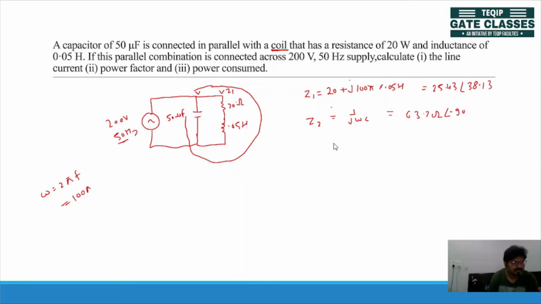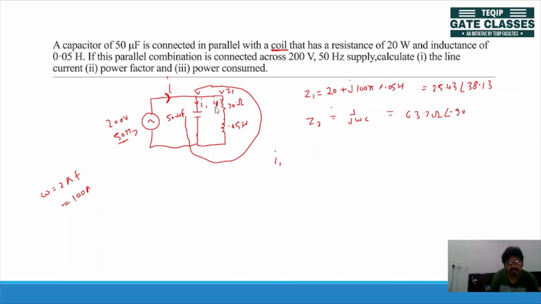Okay, so if you want to calculate the current from the supply, there are many ways. You can calculate your I1 and I2 and add them vectorially, or you can simply calculate your equivalent Z and divide voltage V by Z, and in that case you can also get your I. So let's calculate I1 and I2.